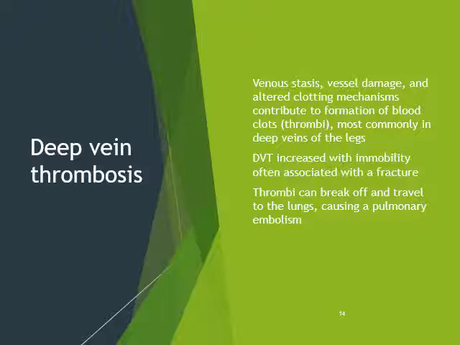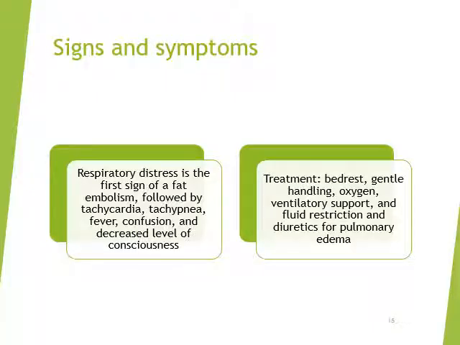Now, this is a clot, so this is where the patient would be put on a blood thinner, and that clot would have to break down or dissolve. Signs and symptoms of a pulmonary embolus: respiratory distress is the first sign. Oh, I have this for a fat embolism. Well, it is that too.